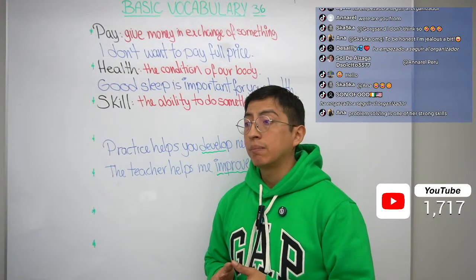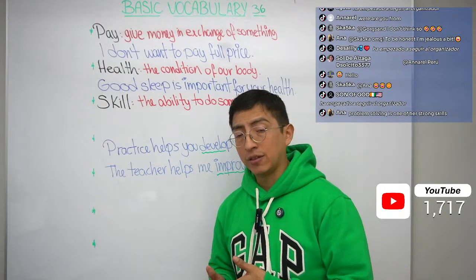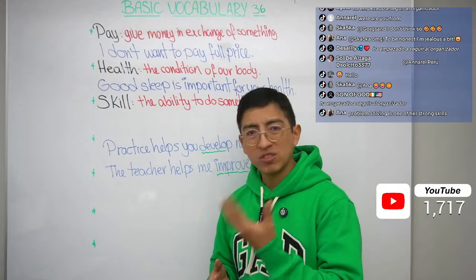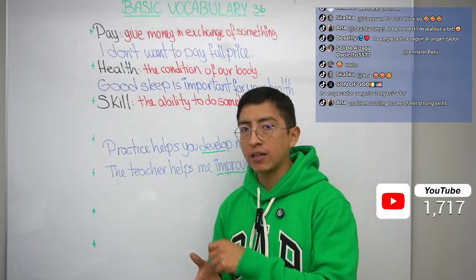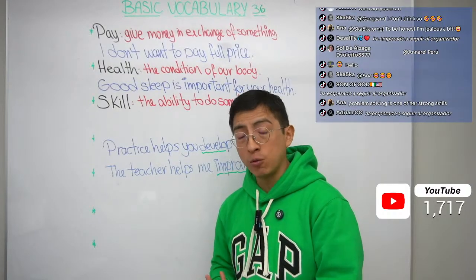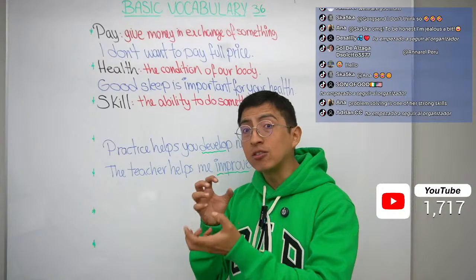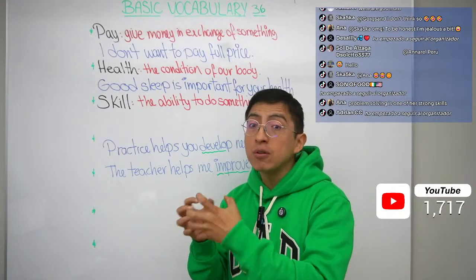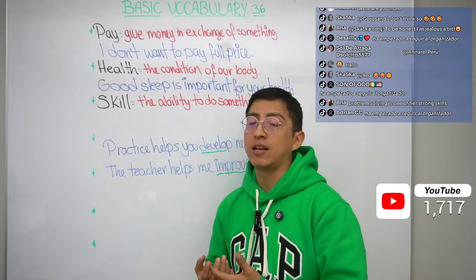Okay, why? Because English is an active skill. You need to speak a lot, you need to write a lot, you need to use the language. Okay, you need to interact with the language, you need to manipulate, you need to experiment with the language.